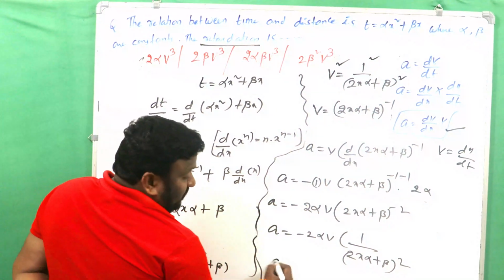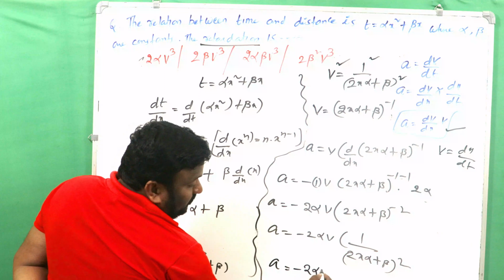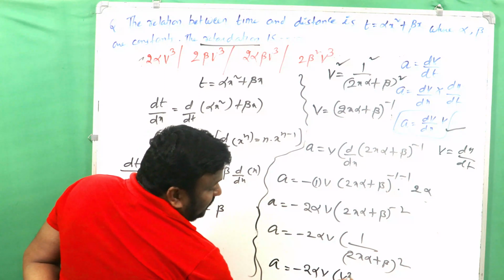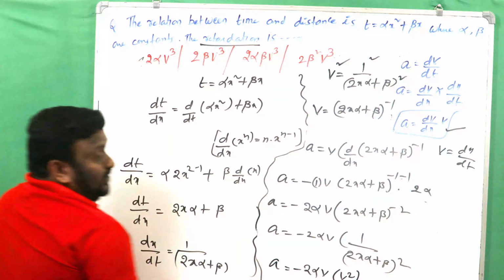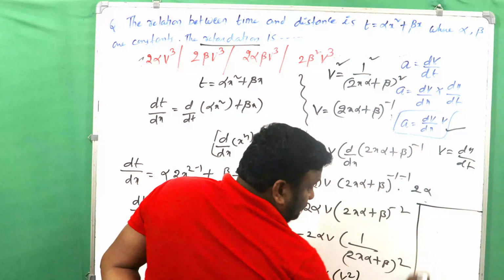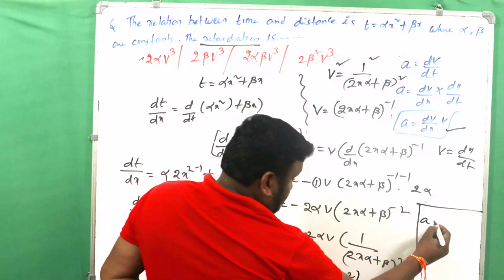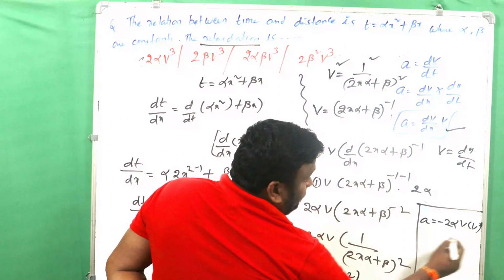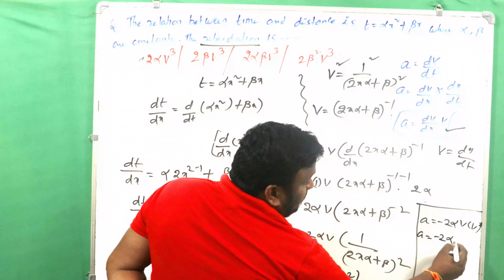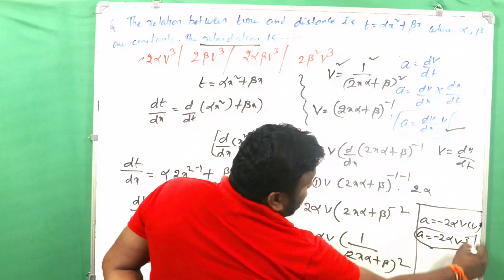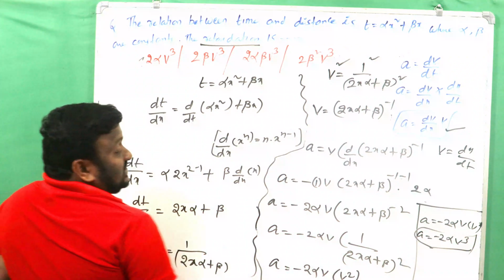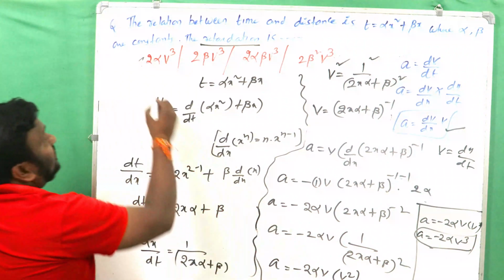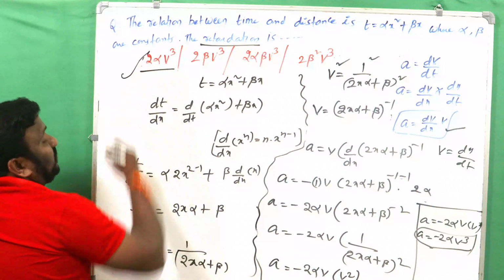That's why a is equal to minus 2 alpha into v into v square. Then a is equal to minus 2 alpha v cube. So this is the negative acceleration, that is retardation. That's why 2 alpha v cube, the first option, is the correct one.